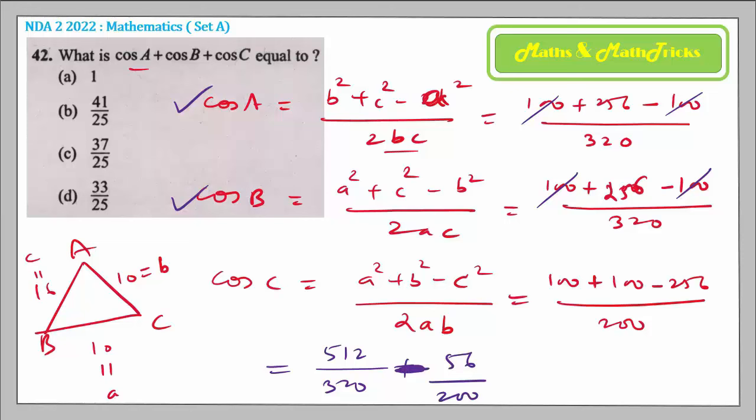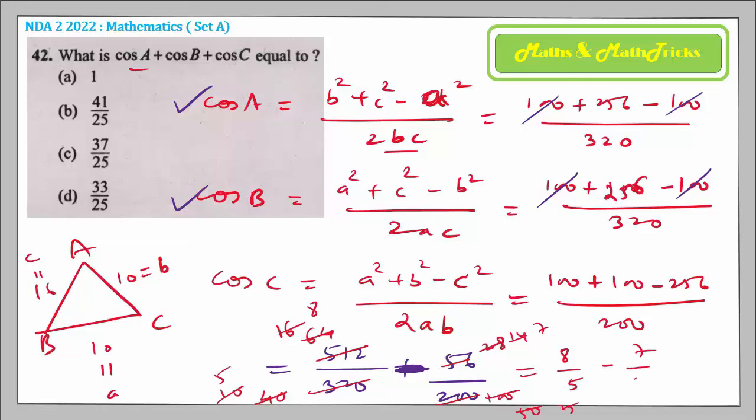Minus 56 by 200. So when you quickly calculate this by reducing the numbers, so you are getting that reduced fraction 8 by 5 for this, and the other one you have 7 by 25.